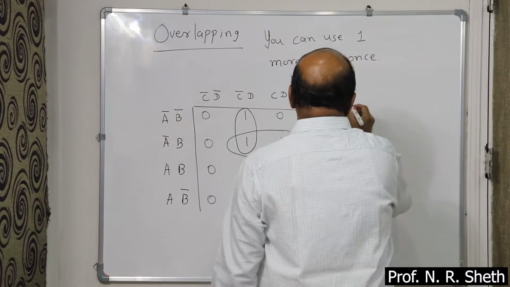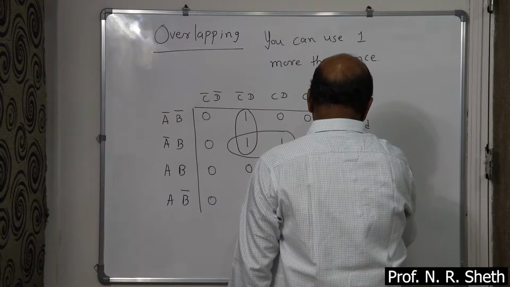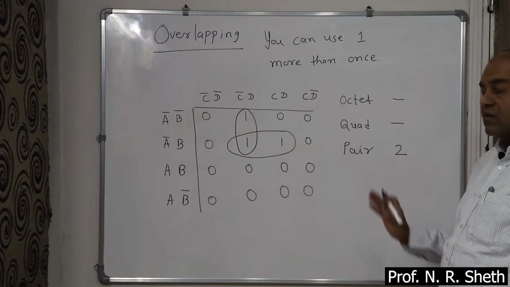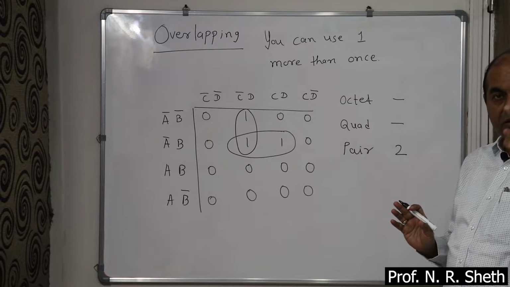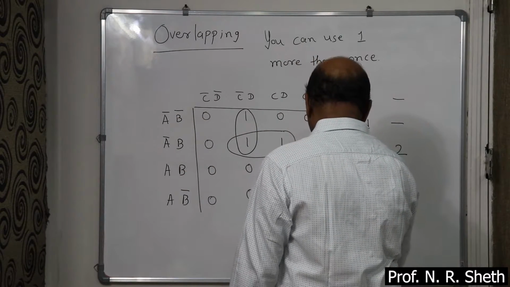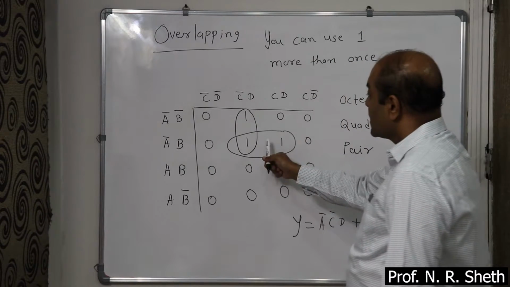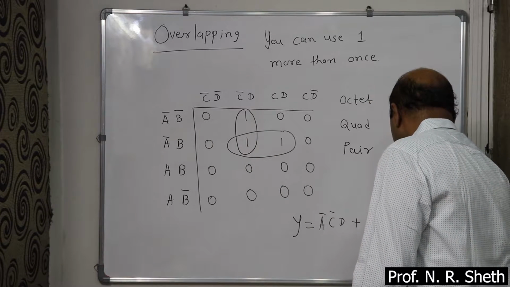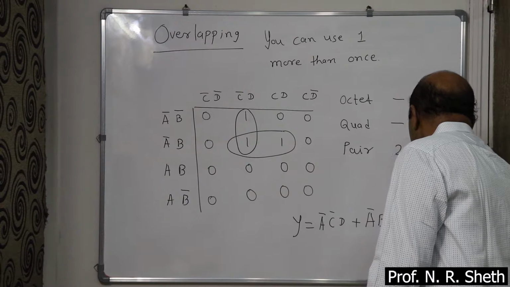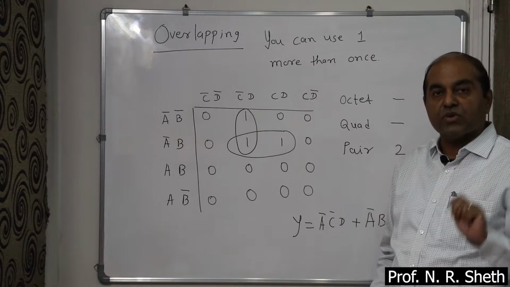Okay. So in this case, 0 octet, 0 quad, 2 pairs, and y equals to this one: A bar, B bar cancels, C bar D. About this one, A bar B, C bar cancels, so it is B D. A bar C bar D plus A bar B D. So here we have used 1 two times.